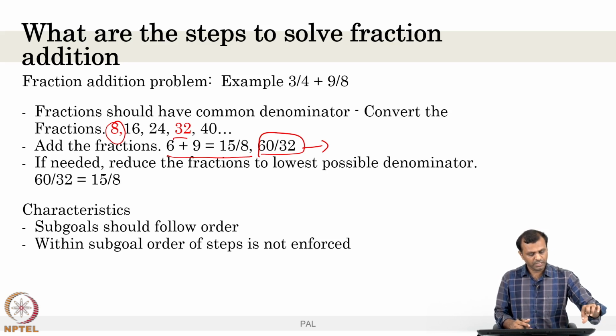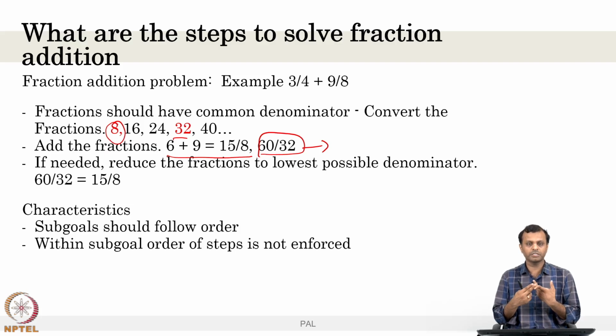So, the goal has a set of sub goals. The sub goals are: check whether they have equal denominators. If not, convert both denominators to be the same, then add the numerators, then simplify. So, basically three steps, and these three sub goals should follow in order.